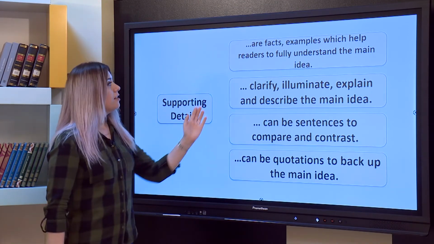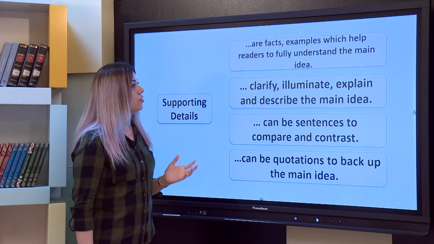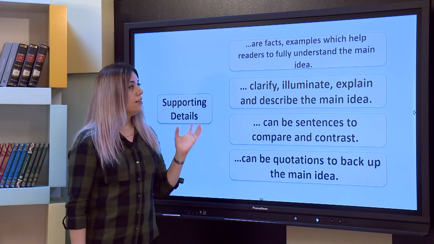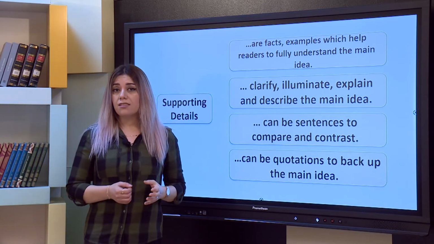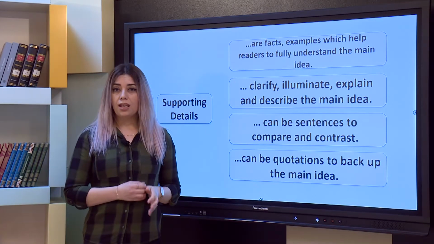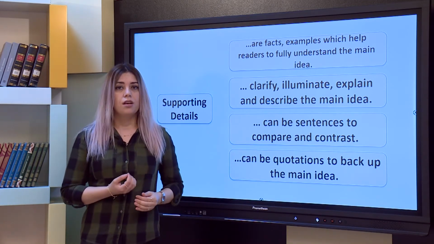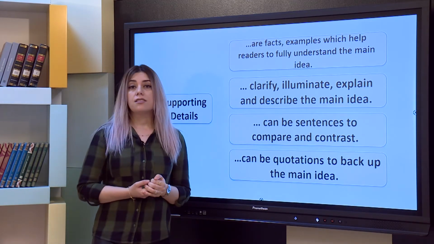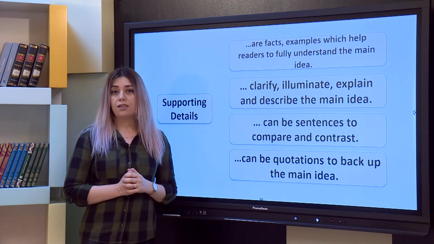Supporting details can be facts and examples, which help the readers to fully understand the main idea. Facts means some statistics, numbers, dates, proper nouns, names of places. So everything that can be considered a fact is a supporting detail in our text.